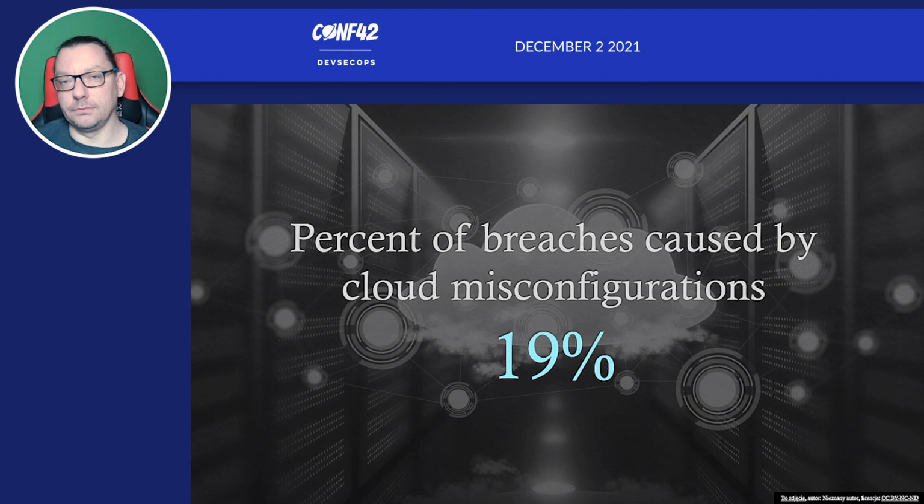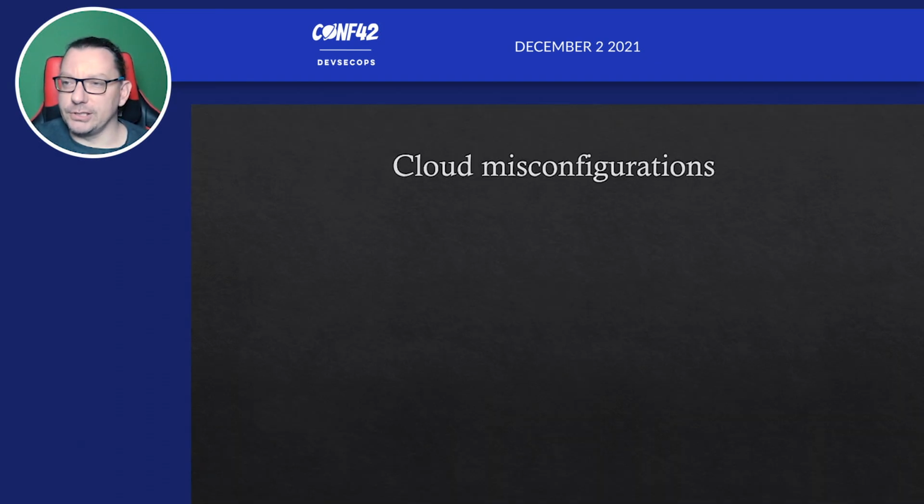So one fifth of all breaches are because of cloud misconfiguration. It starts to be quite scary, right? So what kind of cloud misconfigurations and breaches because of them did we have?